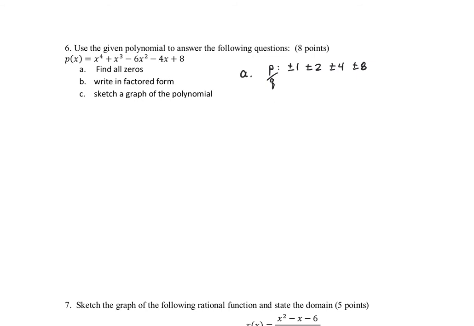So now we need to find a few that work. So I'm going to start with 1. And we have one that works. So what we have, though, is x minus 1 is one of the factors.